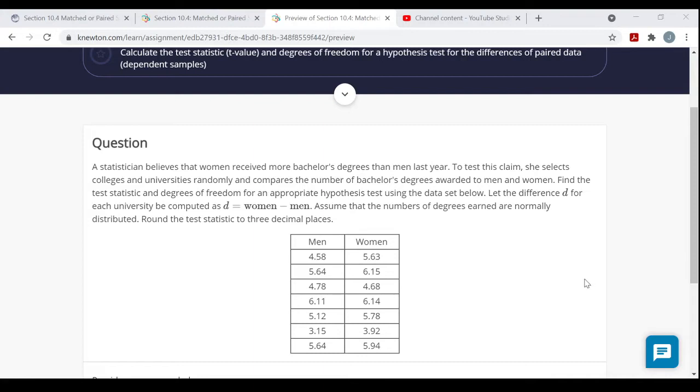I'm going to write this out, and I'll talk about what happens in general when we're doing these hypothesis tests for the mean difference between paired data. Here's what's happening.